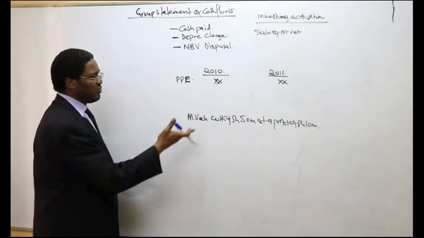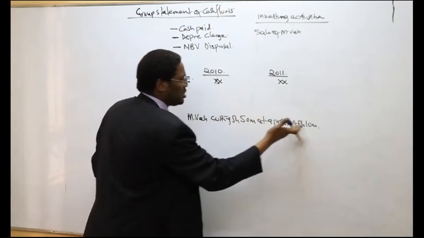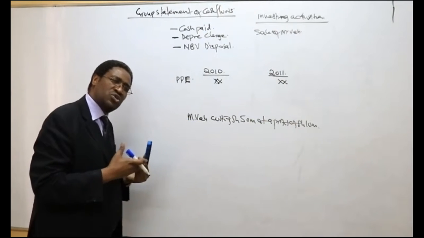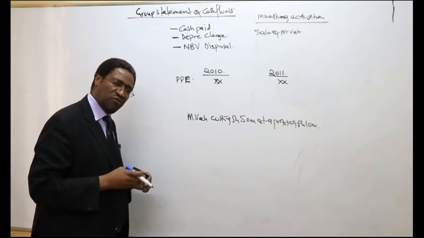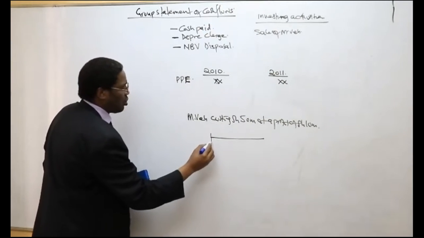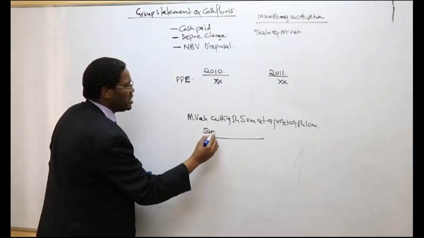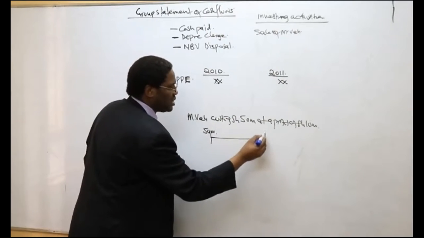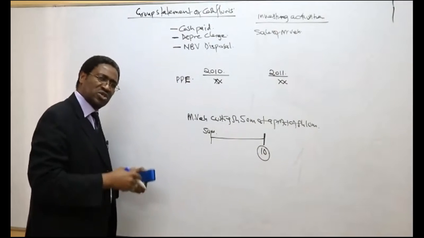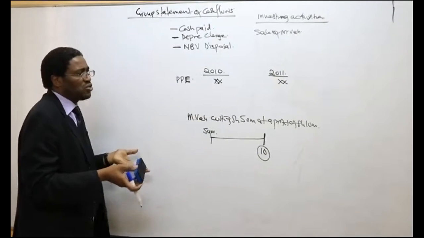Obviously, when you are given this kind of statement, there is no way you can know how much you sold the motor vehicle for, because this is a vehicle you bought at a cost of 50 million many years ago. You are selling it this year and making a profit of 10 million. So it is not possible to know how much you sold it for.